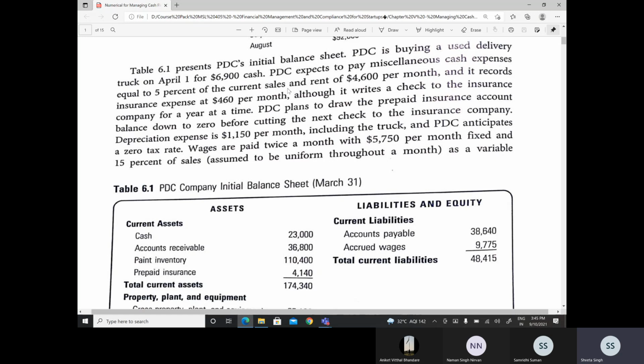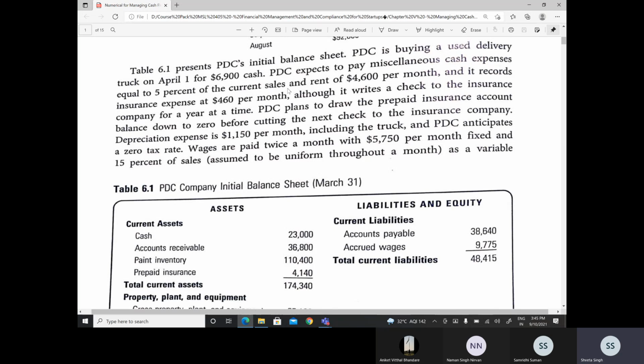So naturally it pays insurance in advance. PDC plans to draw the prepaid insurance account balance down to zero before cutting the next check to the insurance company. Depreciation expense is $1,150 per month, including the truck, and PDC anticipates a zero tax rate.